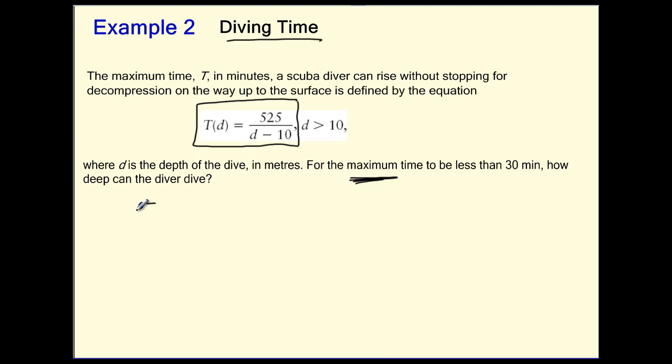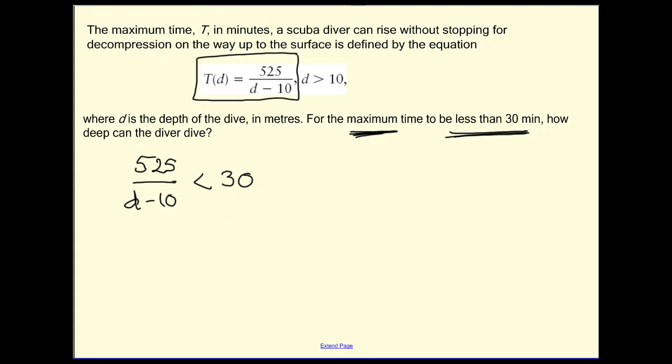So the equation is 525 over d minus 10. And what we'd like to do is figure out, because this is basically the time, when it's less than 30. So maximum time to be less than 30. Well, as soon as we plug in the less than 30, this now becomes basically how we've solved many of our inequalities in our previous lesson.